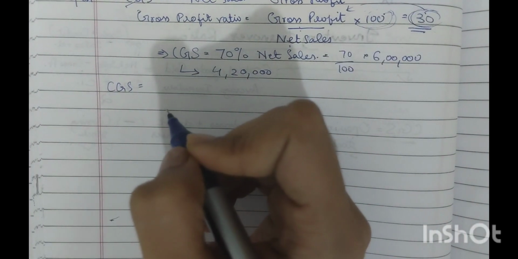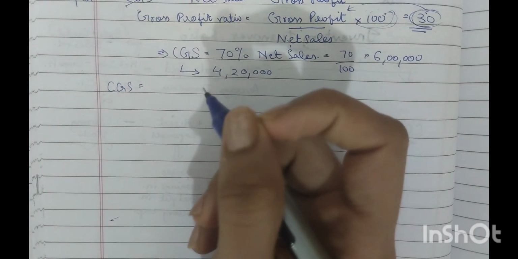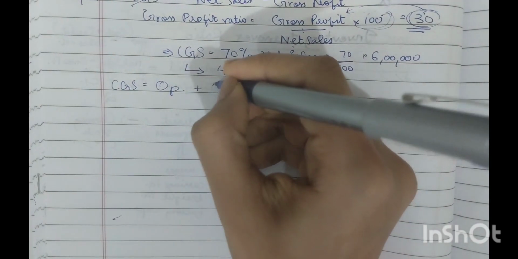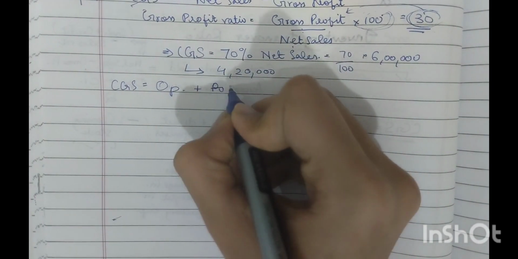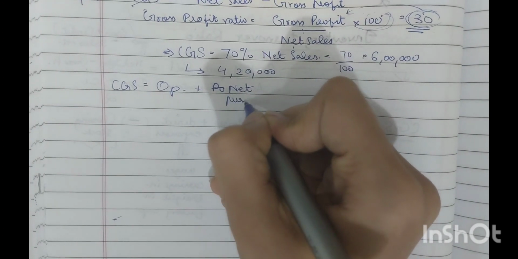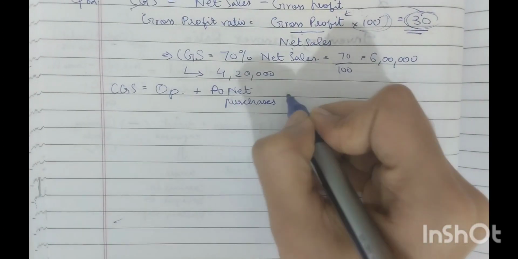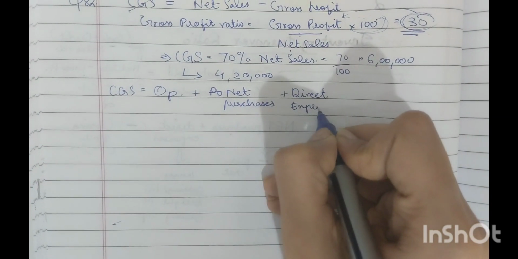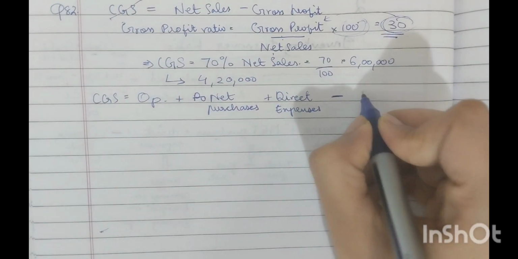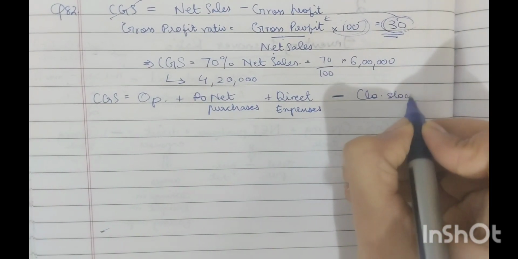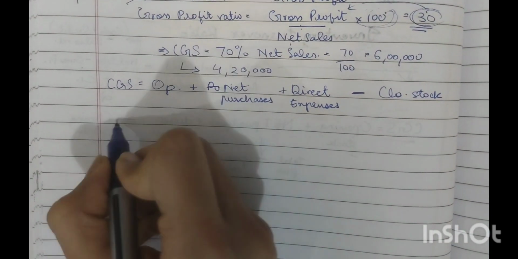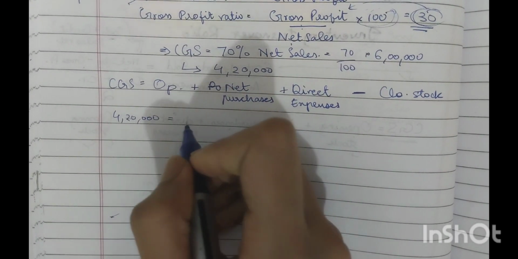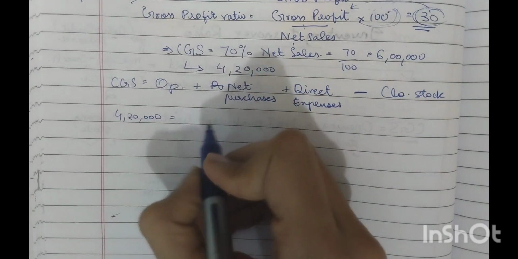CGS is equal to our opening inventory plus our net purchases plus our direct expenses minus our closing stock, our closing inventory. We have CGS here, 4,20,000. Opening stock has been given to us as 50,000.